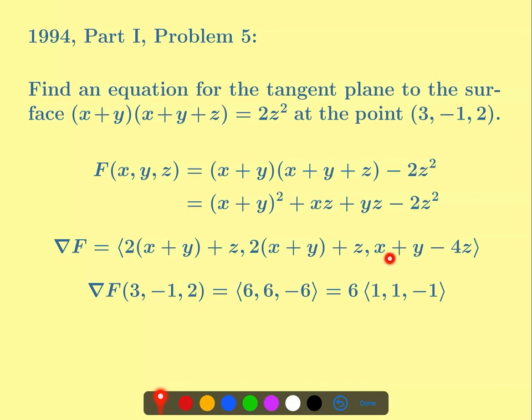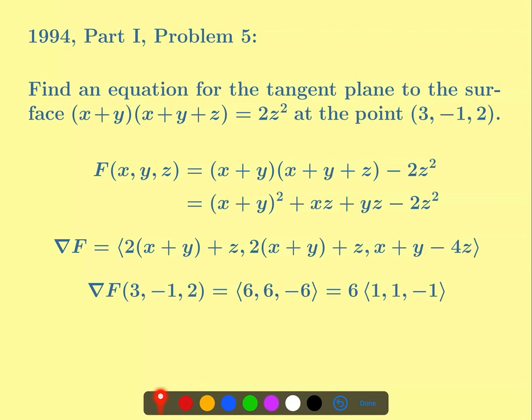x plus y is still 2. Then I have minus 4 times 2, minus 8. So that's giving me a minus 6. And I factored out a 6 here. This is just 6 times 1, 1, minus 1 then. So this is the gradient, either one of these. So this vector will be perpendicular to the tangent plane that we want. That's what the gradient is doing for us.